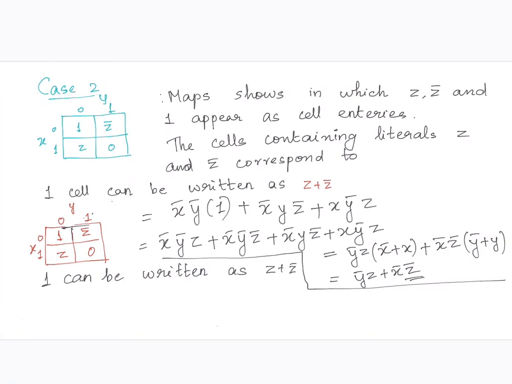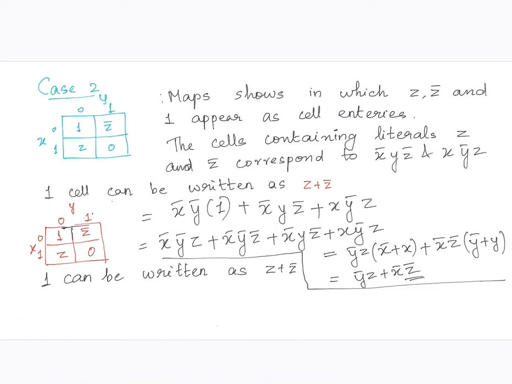Now considering another example, where we have z bar and 1 inside the cells. When we want to group this, the cells containing z bar and z literal correspond to x bar, y, z bar and x, y bar, z.